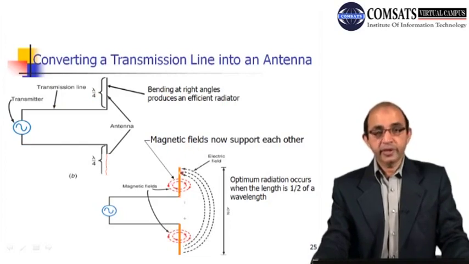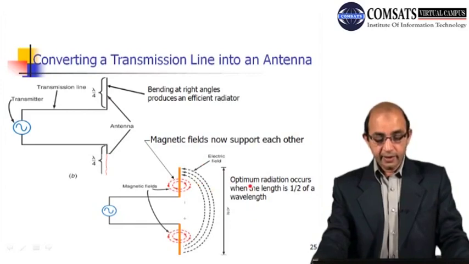If we talk about the electric and magnetic fields here, you can see that this is positive and this is negative. The fields originate from the positive and terminate at the negative. We can also see the surrounding magnetic field here. Now they support each other.